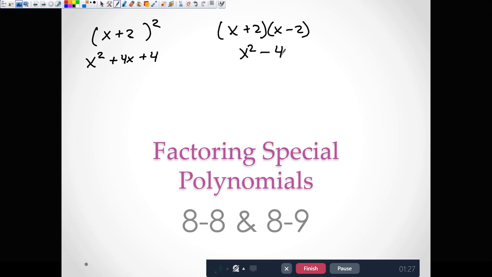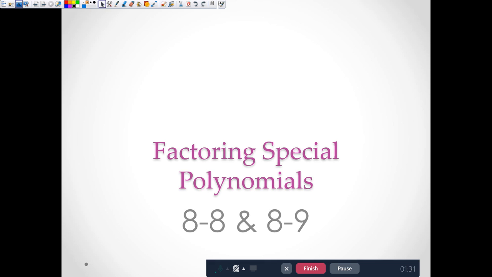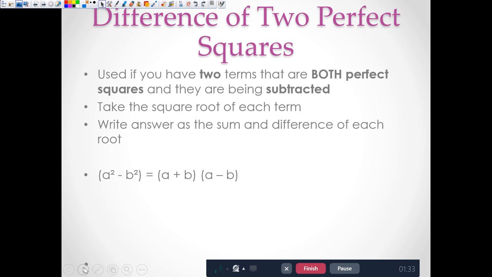Okay? So we're going to work on the second one first here. The difference of two perfect squares. You're going to use it if you have two terms that are both perfect squares. So both terms have to be perfect squares, and it has to be subtraction. If it's not subtraction, you can't do it. It's considered prime.